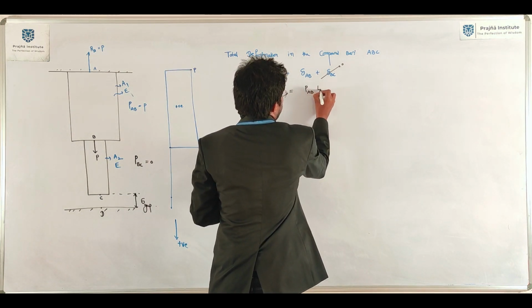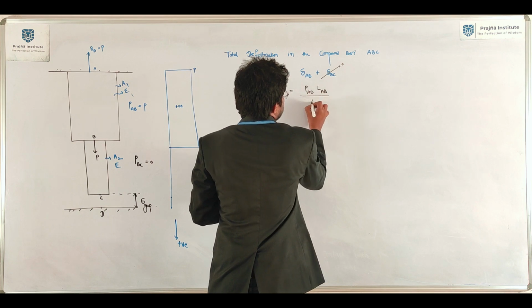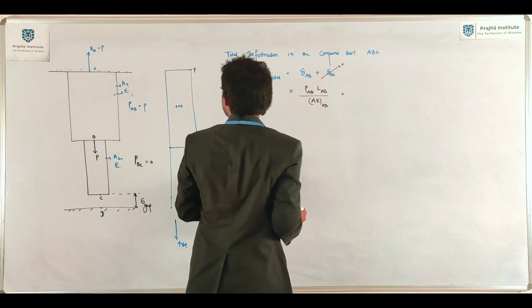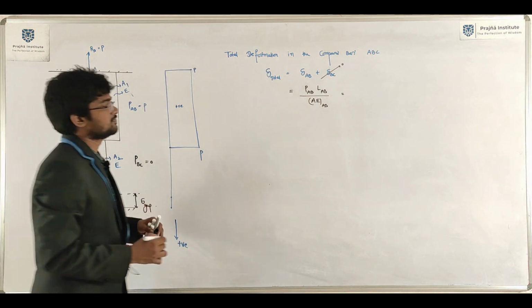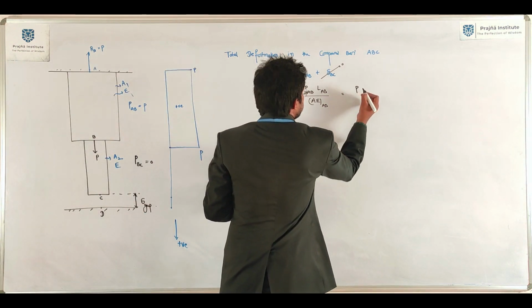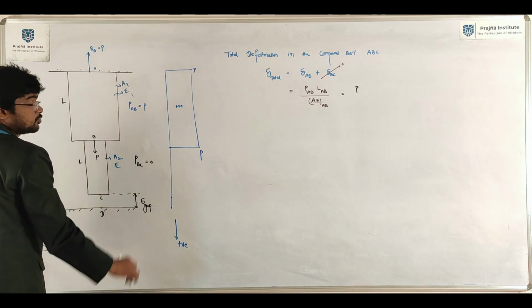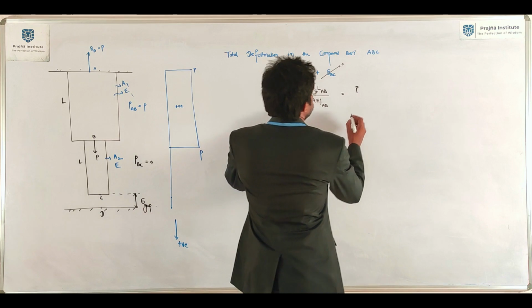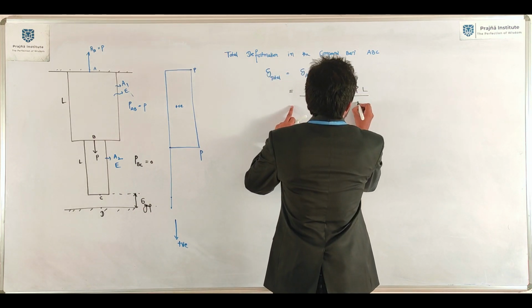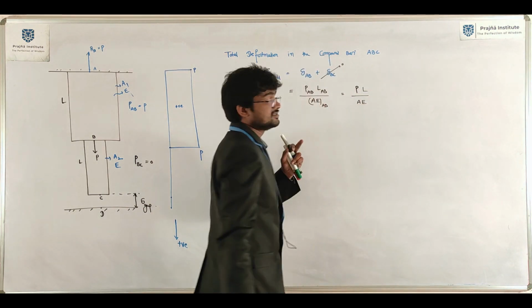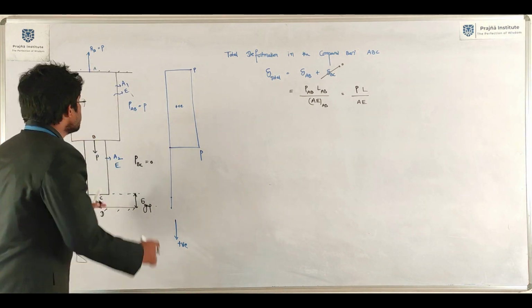It is PAB LAB by AE. What is the load acting in the portion AB? That is P. Length of the portion AB is L. Now PL by AE, you will get it. This is the total deformation in the bar.